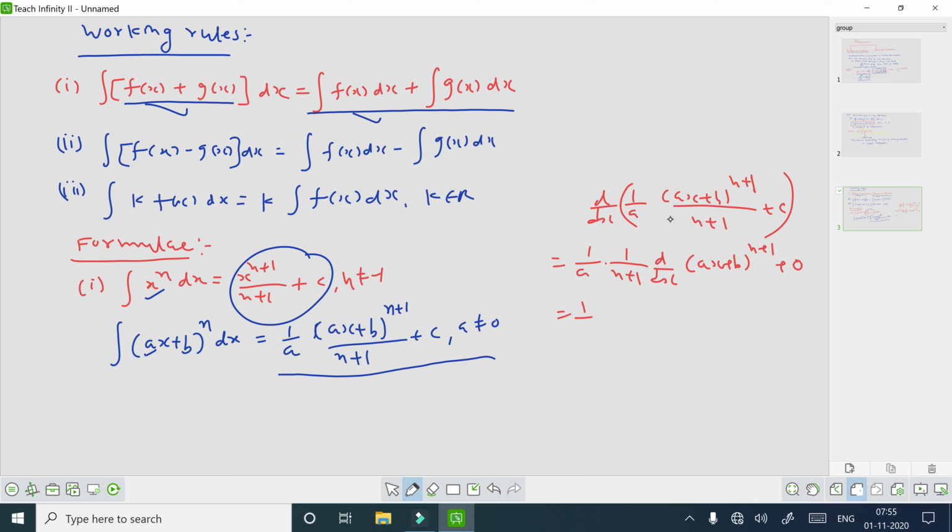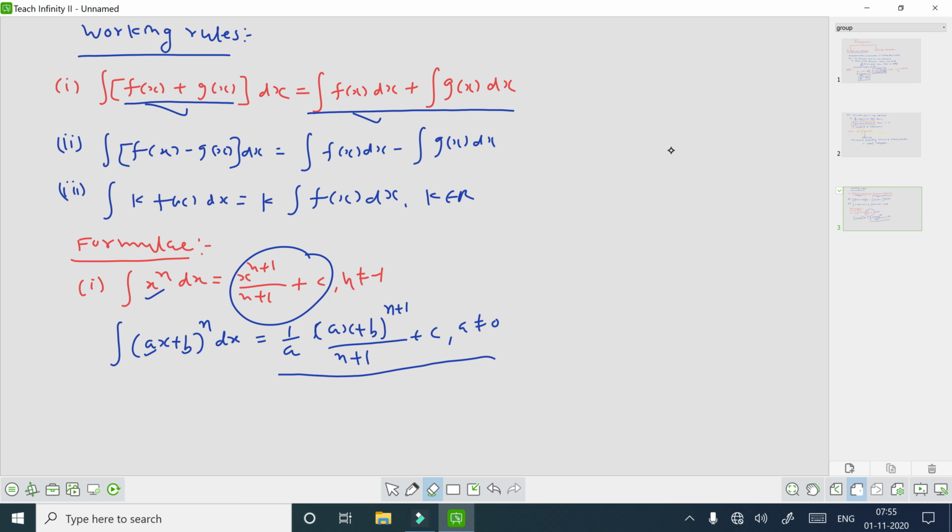So that is equal to 1 by a, 1 by n plus 1, into n plus 1 into (ax plus b) raised to n plus 1 minus 1, into d by dx of this linear form, and that comes out a. The n plus 1 cancels, and 1 by a cancels with a. What do we get? (ax plus b) raised to n. So that is the proof of this one.